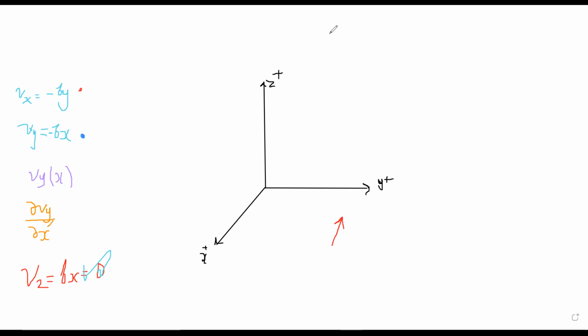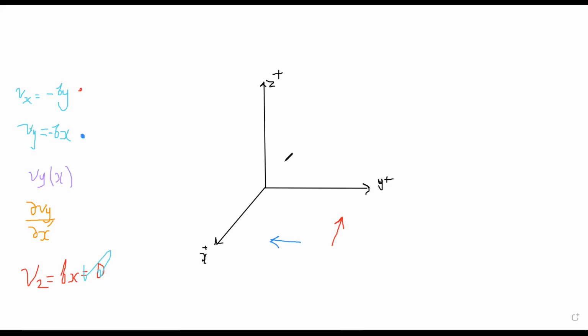Now switching to blue. For positive values of x, because of the minus sign, this now means that the velocity for positive values of x will be in the negative y direction. So again, this will be flat on the xy plane, something like this.